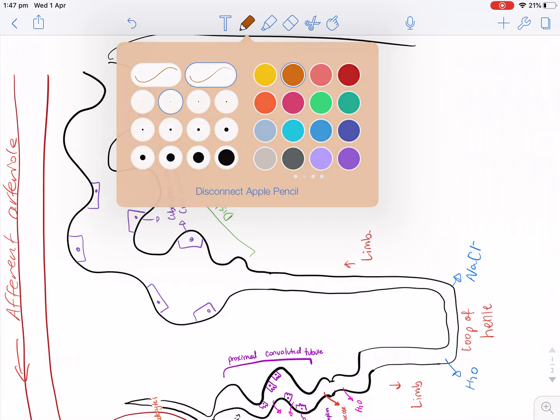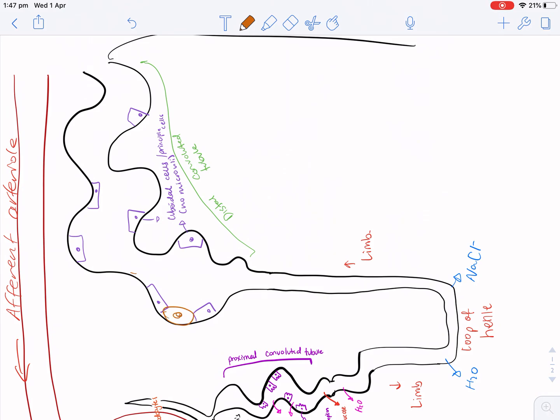But what we also call these cells are the principal cells, because we have something else. We have cells that we call the intercalated cells. So over here. And what these cells do is really important because they help control the blood pH, in that they reabsorb or secrete either bicarbonate or hydrogen.